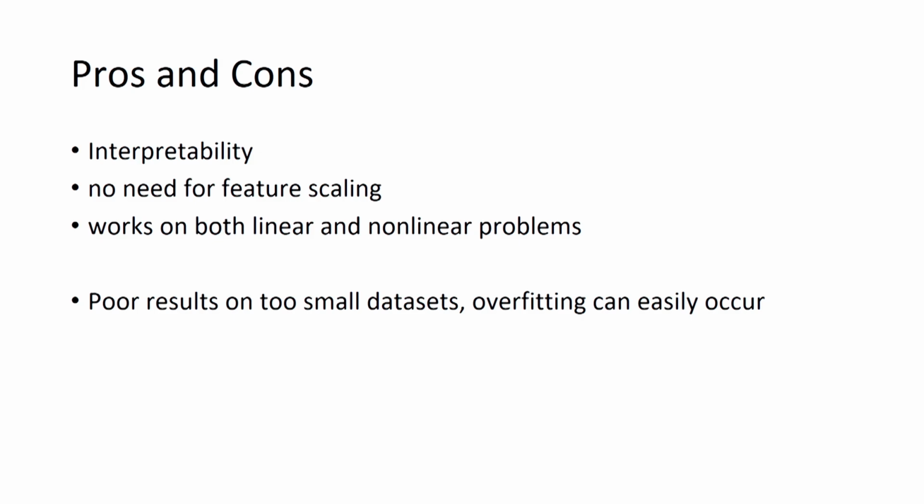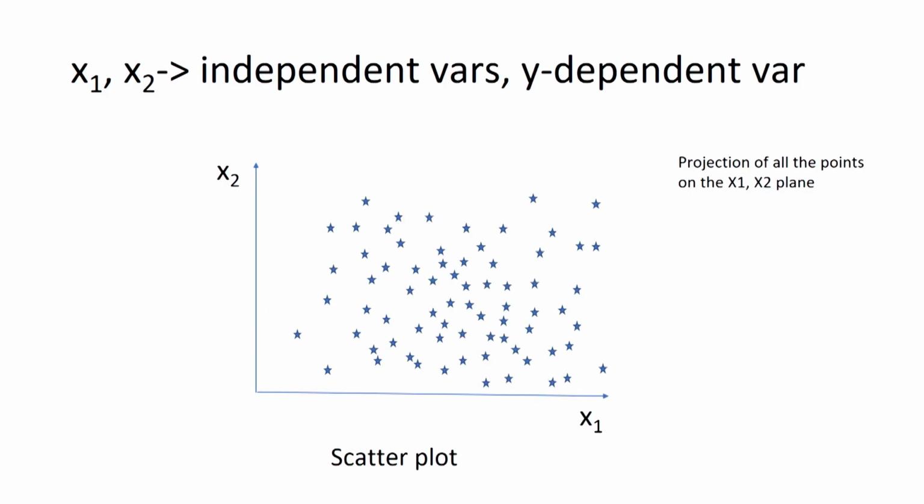If your data set is small or the number of features is very small, there is a chance of overfitting, and that is why we should use decision tree if your data set is very large or the number of features is large.